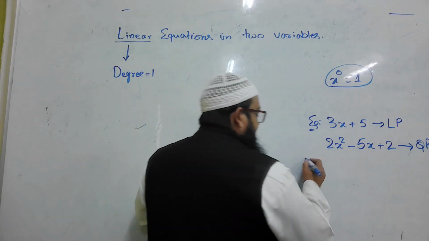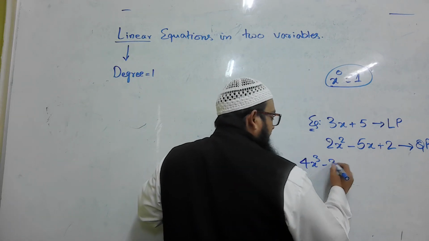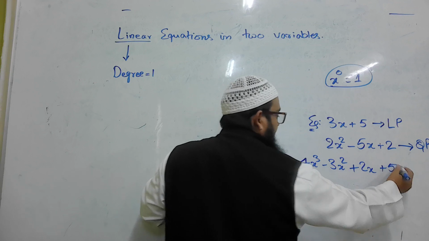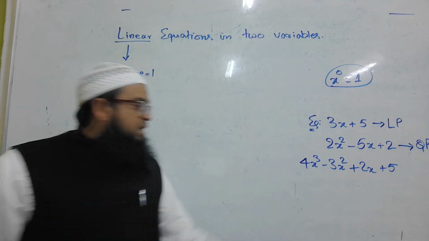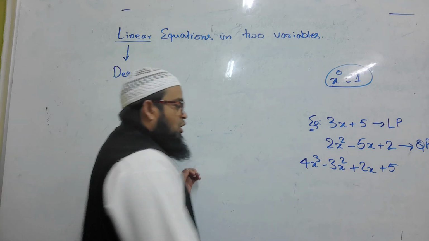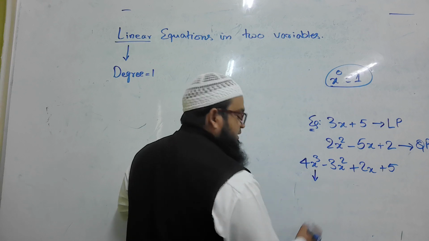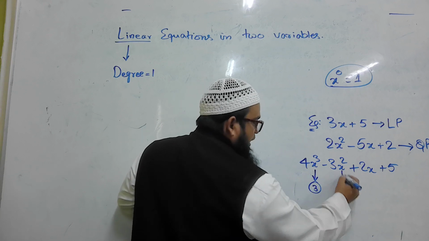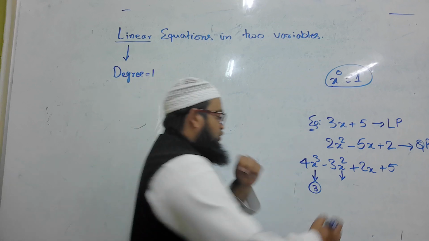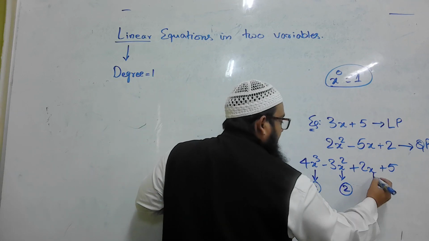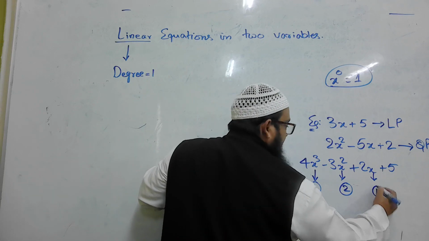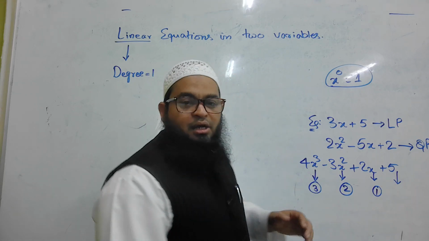Now let's take 4x cubed minus 3x squared plus 2x plus 5. How many terms are there? Here you have 4 terms. Now tell me, what is the power of x? What is the power of x in the second term? It is 2. And what is the power of x in the third term? It is 1. And what is the power of x here? You don't have anything.